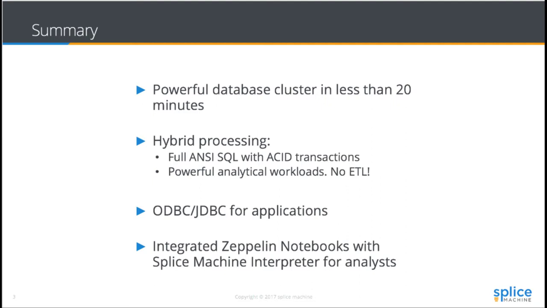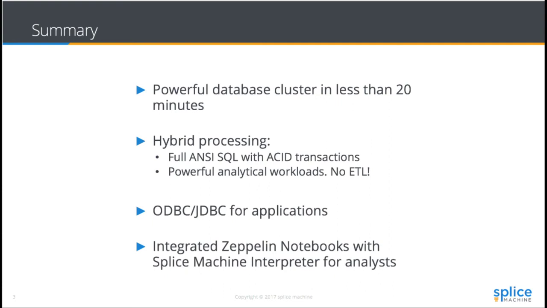And that gives you a powerful database that is capable of what we refer to as hybrid processing. It runs both operational workloads, ANSI SQL with ACID transactions and highly concurrent workloads, ready to support operational applications, as well as powerful analytic workloads where reporting and aggregations and machine learning are done against the full data set.